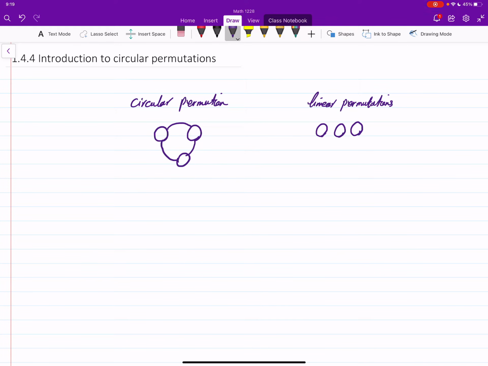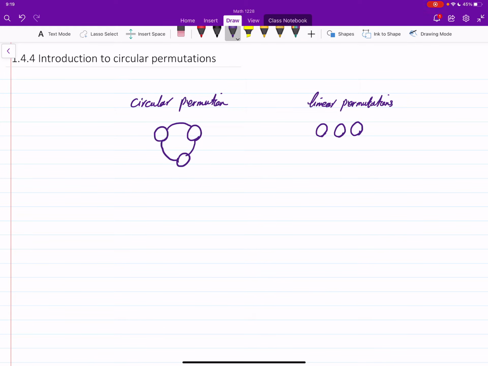What is the difference between linear and circular permutation? First of all, both of them are permutations. There is some ordering there, like left and right makes sense for each person there.